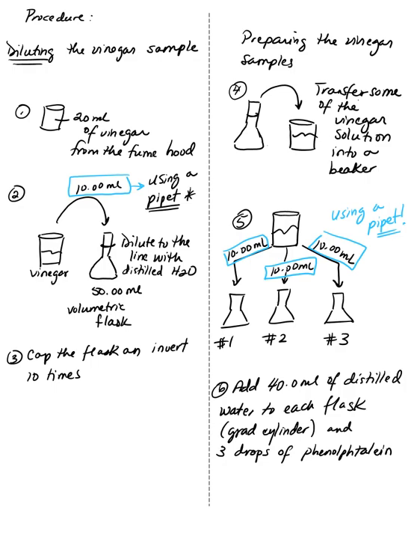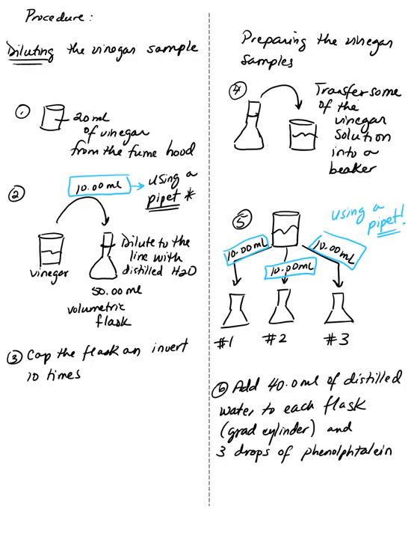So from your diluted vinegar solution, transfer some into a beaker because it will be easier for you to use the pipette if you have the solution in a beaker versus the volumetric flask. So transfer some of your solution into a beaker, and now you can use the same pipette, but make sure that you rinse the pipette, and now you can use your pipette to pipette the volumes of your vinegar sample.